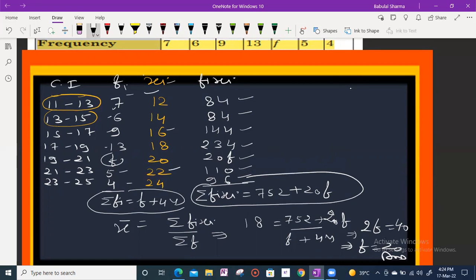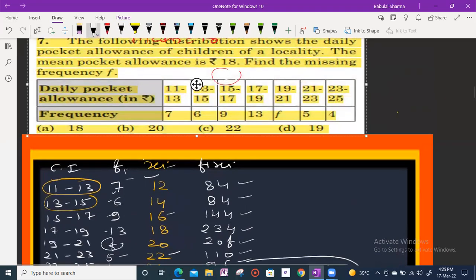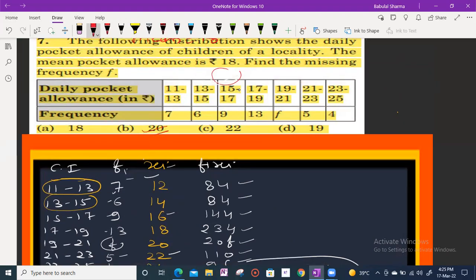Then we used the formula for the mean, and on calculating we get the frequency, that is 20. Can we check your answer? Yes. So B is the correct option here, students. This B is the correct option.